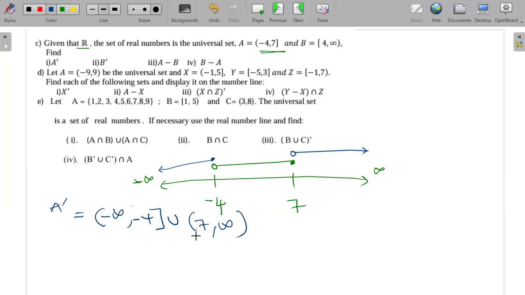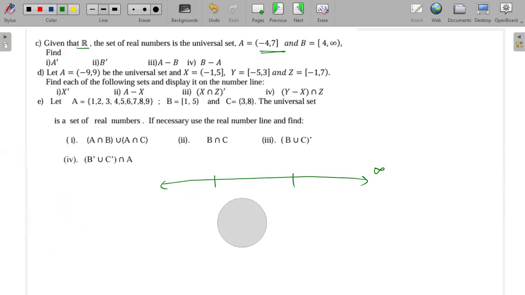Now let us do part 2, which is B complement. So B is given this way. That is 4, so if I say 4 is here, all the way to positive infinity, it's going to be closed here, going that way.